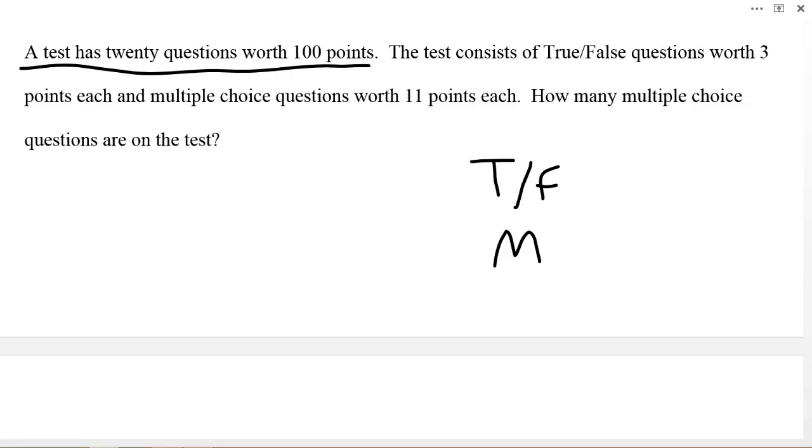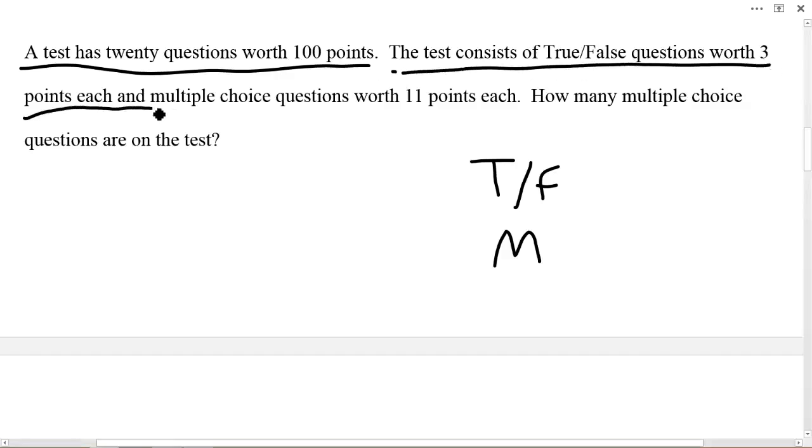So this one we kind of have to look at the second sentence to connect the first sentence, because the first sentence is just telling us how many points in total and how many questions in total we're looking at, but it's not telling us what combination of true/false and multiple choice. It's not telling us that. So let's combine these two.